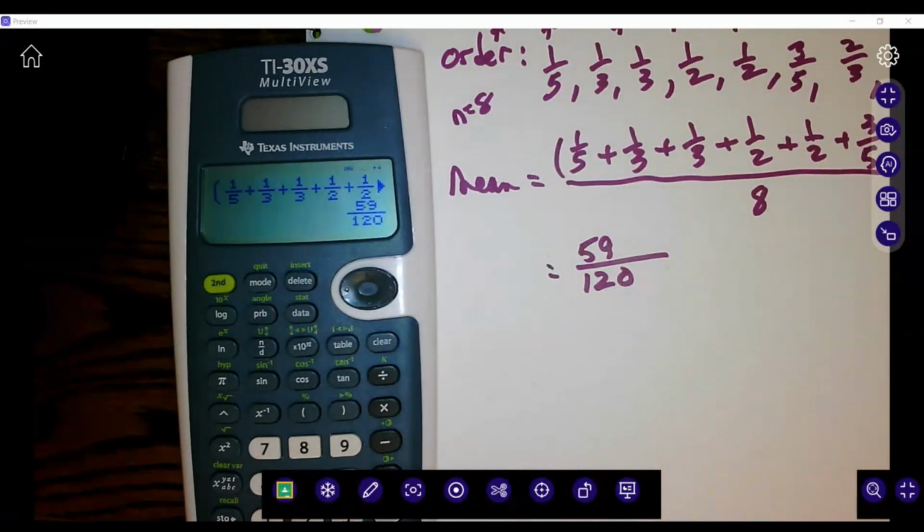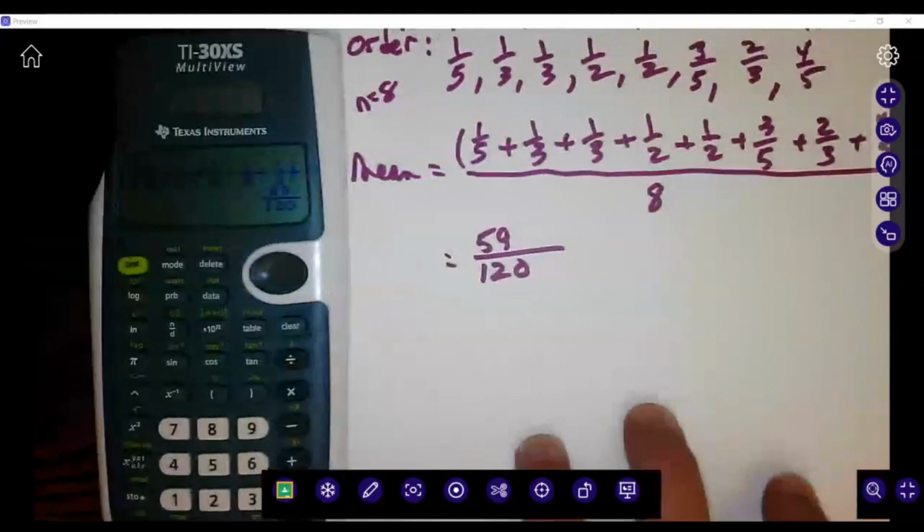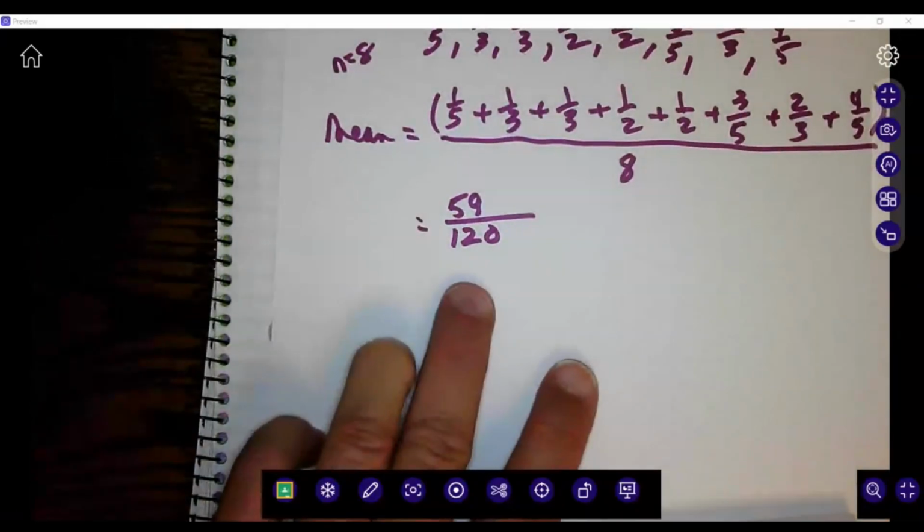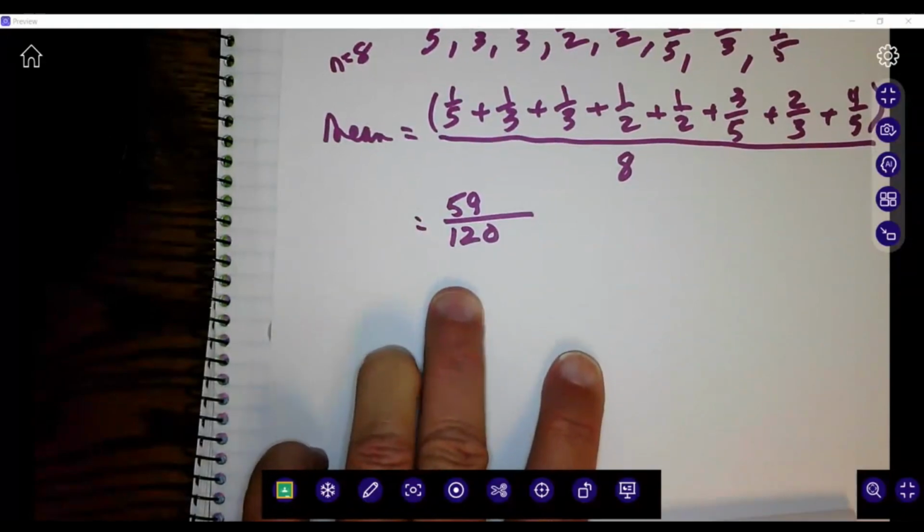And then you round off 0.333333333. Every time you do that, you're creating what is called round off error. And when you create round off error, that means your answer gets further and further away from what the actual correct answer is. So it could be done, but the chances are you would not end up with 59 over 120.